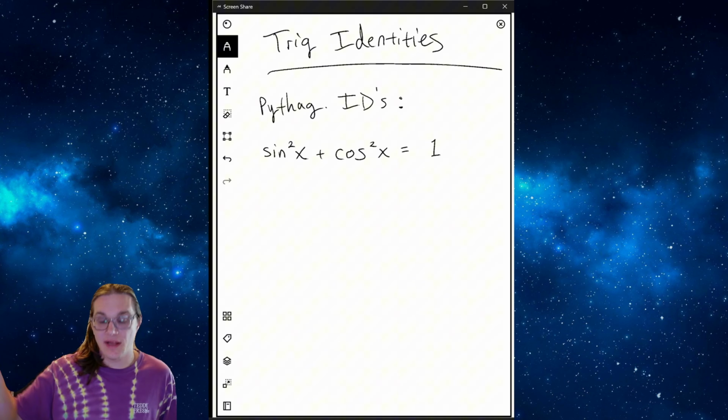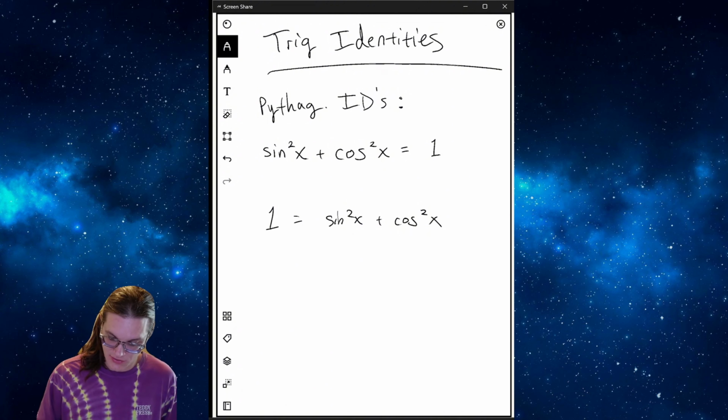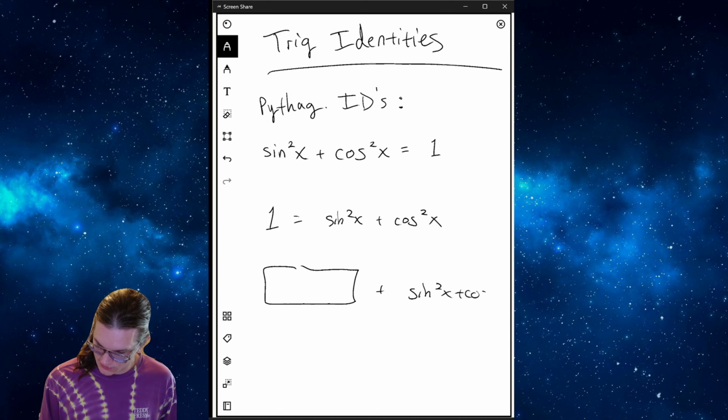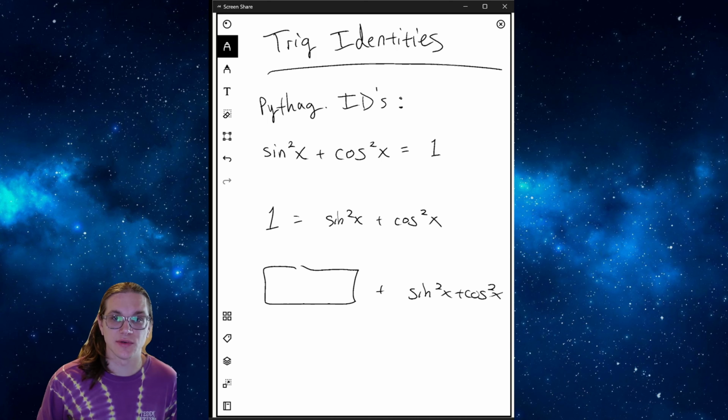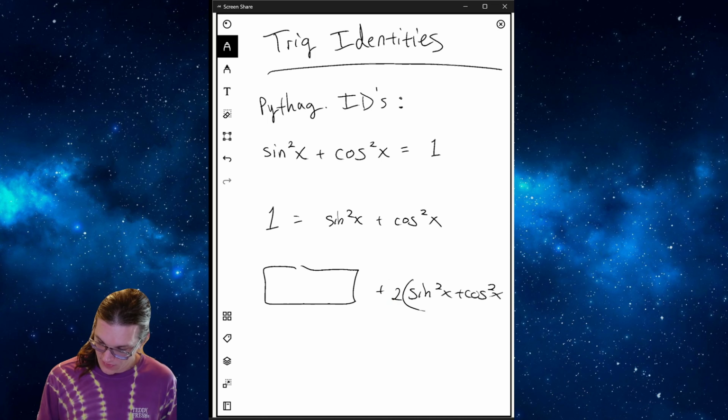You may be in a different class in a different semester and you'll have a 1, but you'll break it into this, right? Or you'll come to the end of your problem that has something plus sin x plus sin² x plus cos² x, and the problem would make a whole lot more sense if you just had an integer value over here, or a 1, or if this was 2, right?